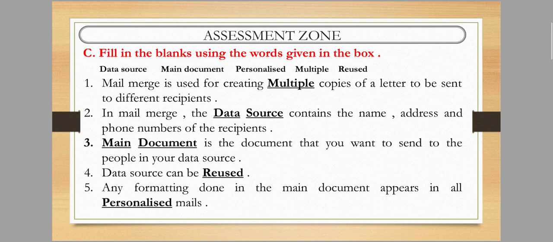Number 3, the main document is the document that you send to the people in your data source. Next, the data source can be reused. Next, any formatting done in the main document appears in all personalized mail. These are the 5 fill in the blanks from this chapter.